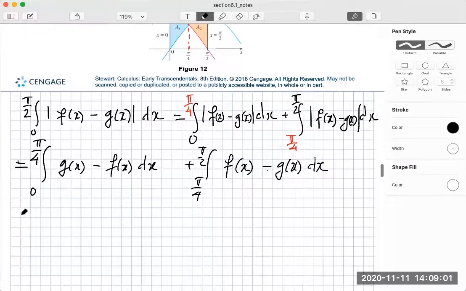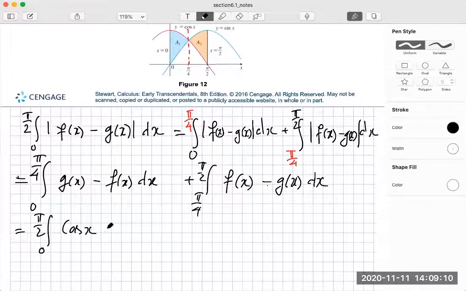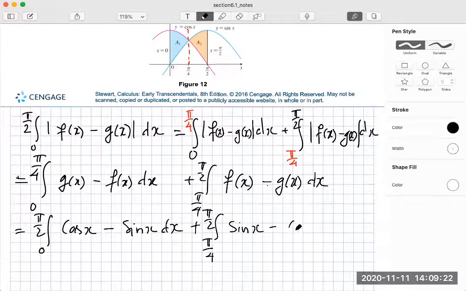Very good. Or specifically, it is the integral from 0 to pi over 4 of cosine x minus sine x dx plus the integral from pi over 4 to pi over 2 of sine x minus cosine x dx, okay?